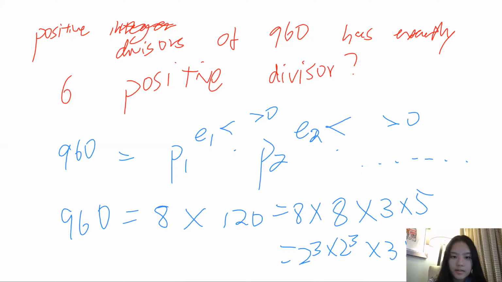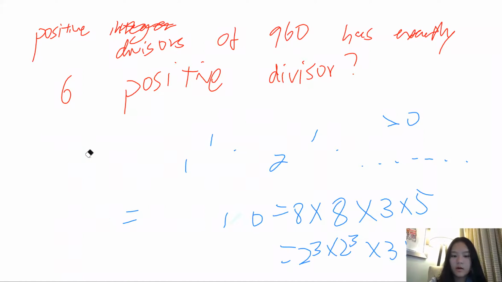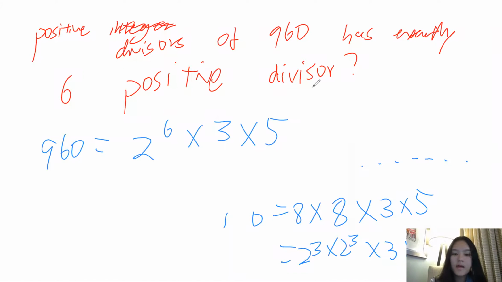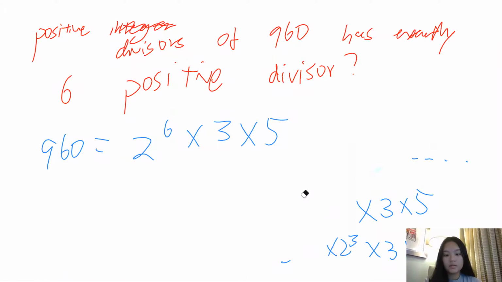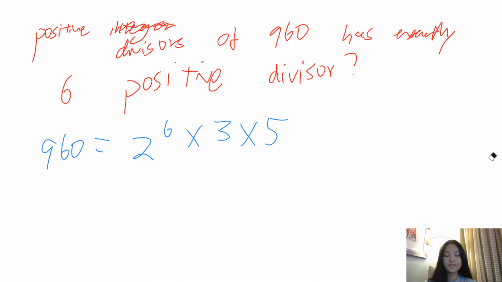So let me clear this. So now what you know is that 960 is equal to 2 to the 6 times 3 times 5, and its positive divisors must follow the rule which we talked about last time, which is that the exponents have to be at most 6, at most 1, and at most 1.